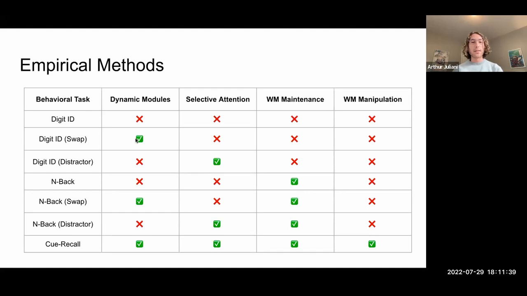The swap variants of the tasks are expected to require the ability to handle dynamic modules. The distracted versions of the tasks are expected to require selective attention. And lastly, the Q recall task was designed to require all 4 of these capacities.